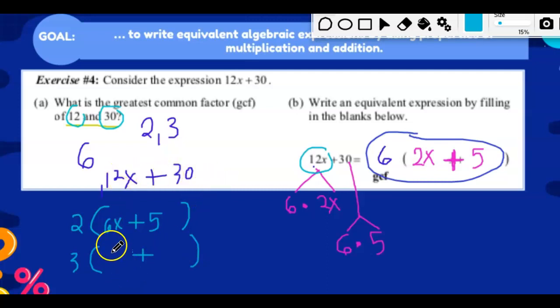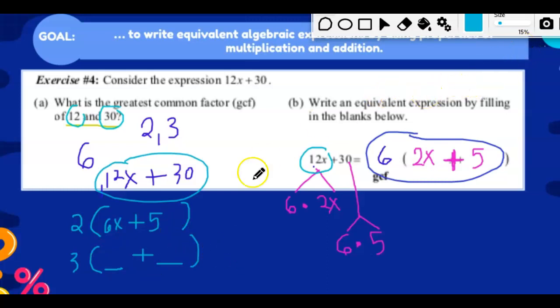So that's 12x plus 30, right? So now, if I take out from this a factor of 3, what will be the first term and what will be the second term?